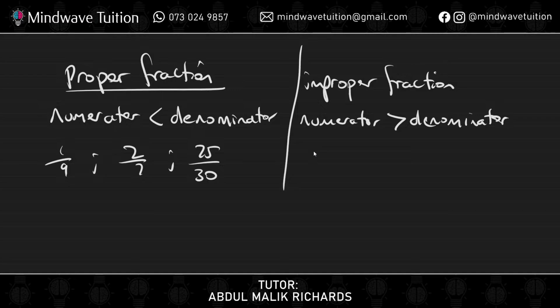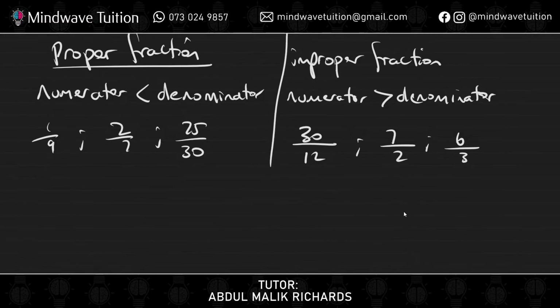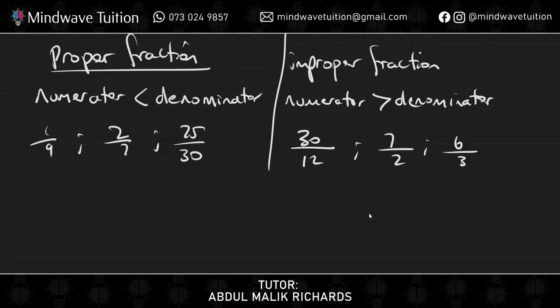So we can say 30 over 12, or 7 over 2, or 6 over 3. Those are all improper fractions. But an improper fraction we can also write as a mixed fraction.